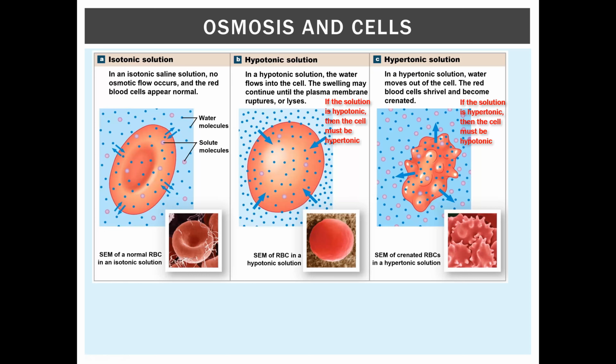So remember back from the beginning of the lecture, I told you that it was very important to remember the differences in sodium and potassium concentrations from the inside of the cell to the outside of the cell. As I mentioned in the beginning, sodium is high on the outside and low on the inside, and potassium is the opposite. Potassium concentration is high on the inside of the cell and low on the outside.